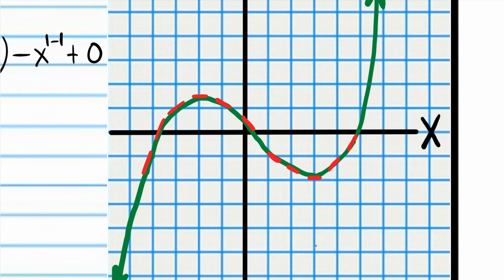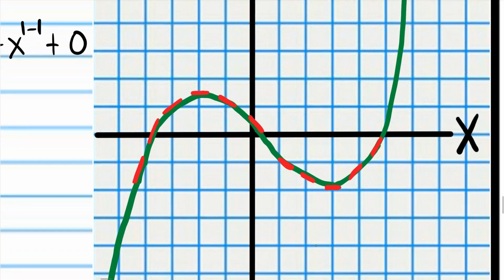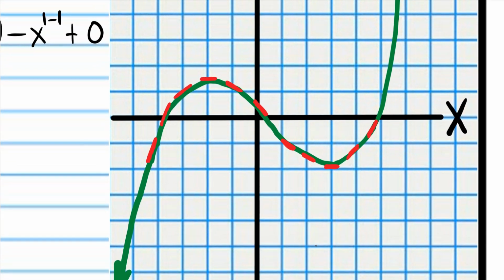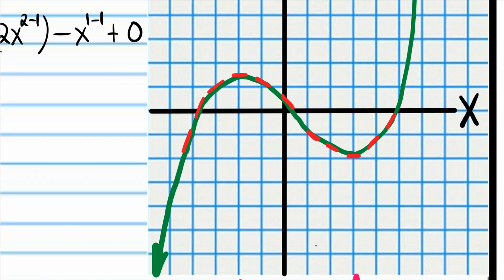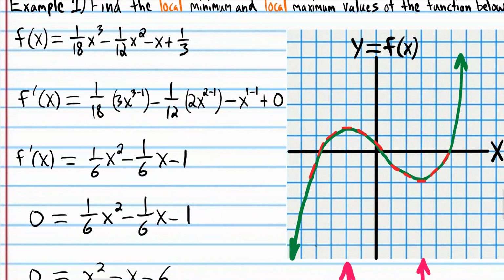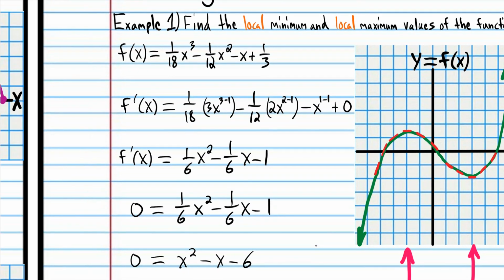So at this point here, at the top of the hill, the tangent line is horizontal and its slope is 0. So what we can do is we can find the derivative function, and we can set that derivative function equal to 0. So this is the original function.